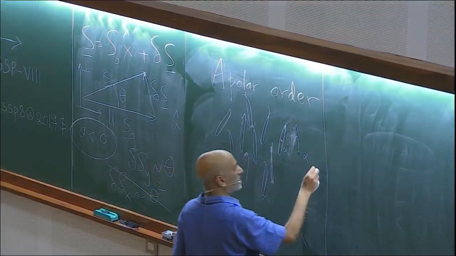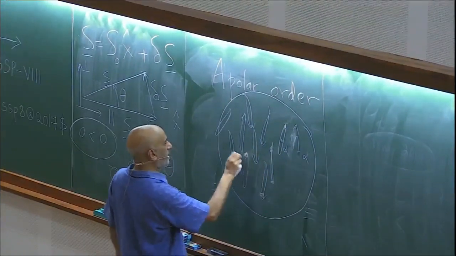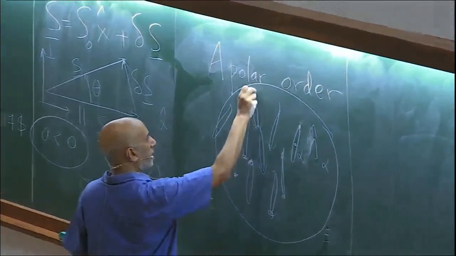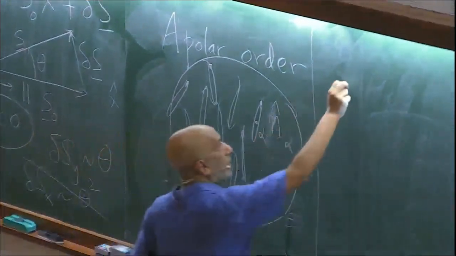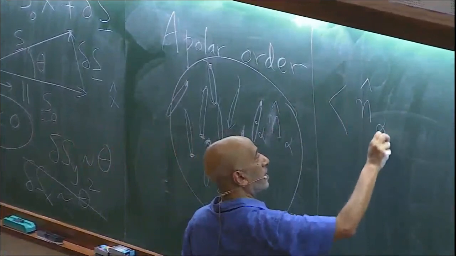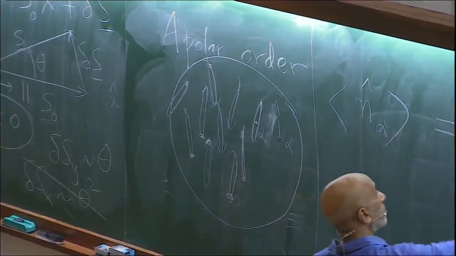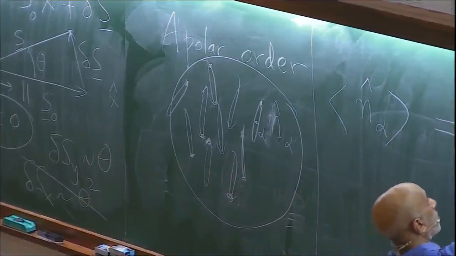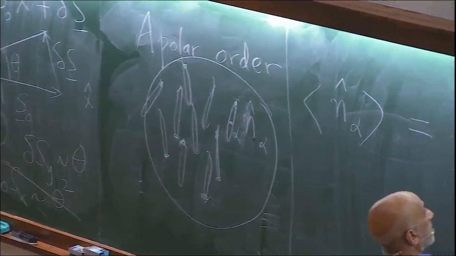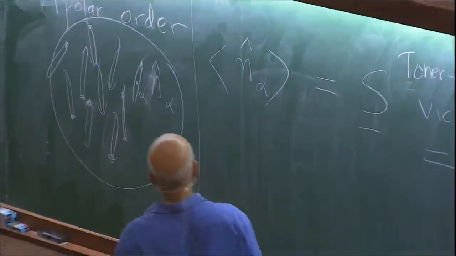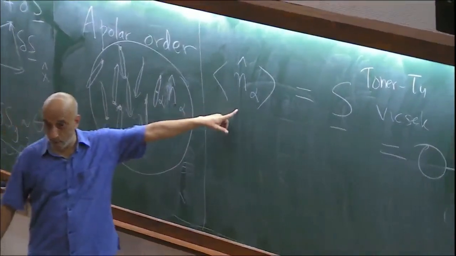Then if I take some coarse-graining region like this, and all these guys are pointing with heads somewhere one way, heads and tails kind of randomly placed, then the local average of n alpha, which would be the order parameter in the Toner-Tu or Vicsek sense, will be 0. However, there is something happening. They are aligned. It's just that this is a bad way of measuring it.